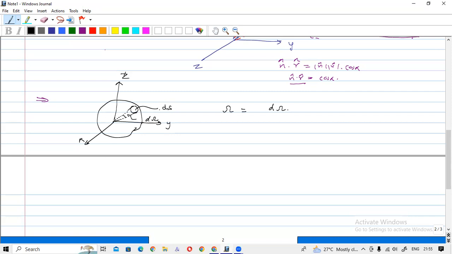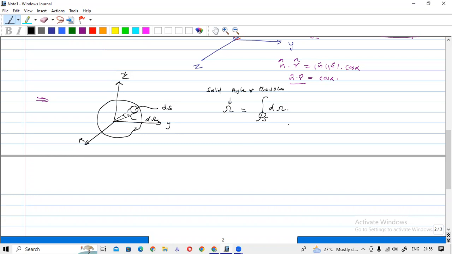If you do the surface integral throughout this sphere for the d omega, you will get the solid angle of the sphere. So you have to do a surface integral, a double integral.